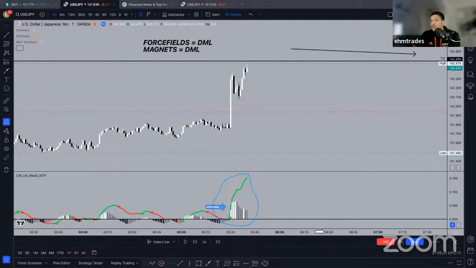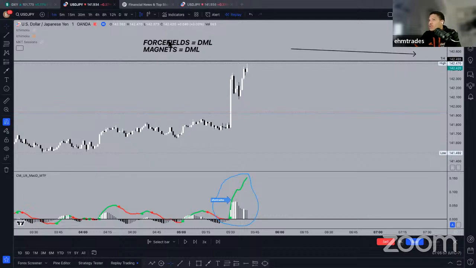Strong buyers volume, strong buyers move, right? But what were we getting to as we made that buyer's move? We were getting to our force field, right? And as we got closer and closer to the force field, what happened down here? We started losing buyer's volume, right? We started losing buyer's volume.